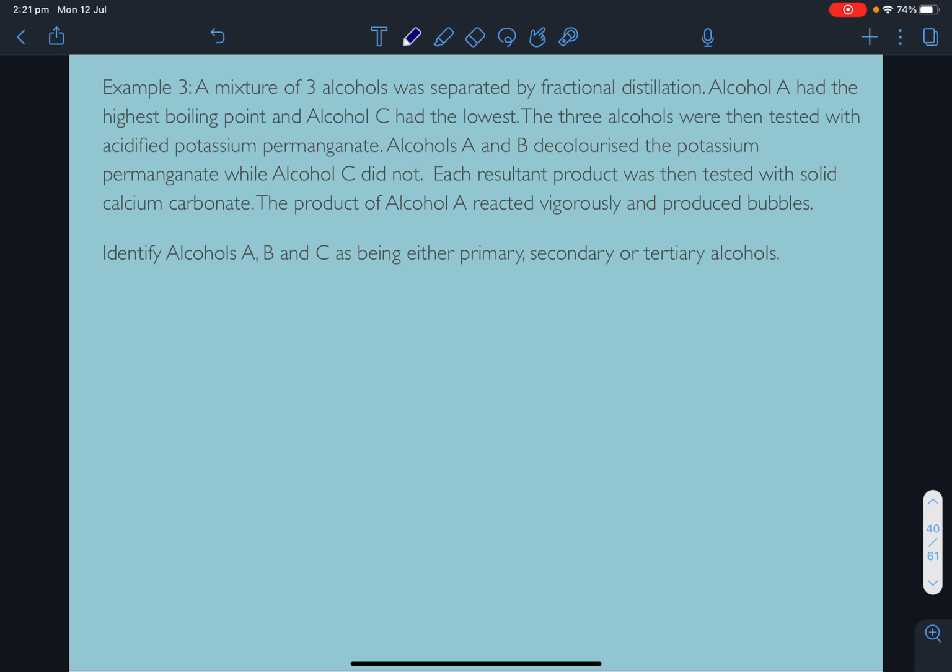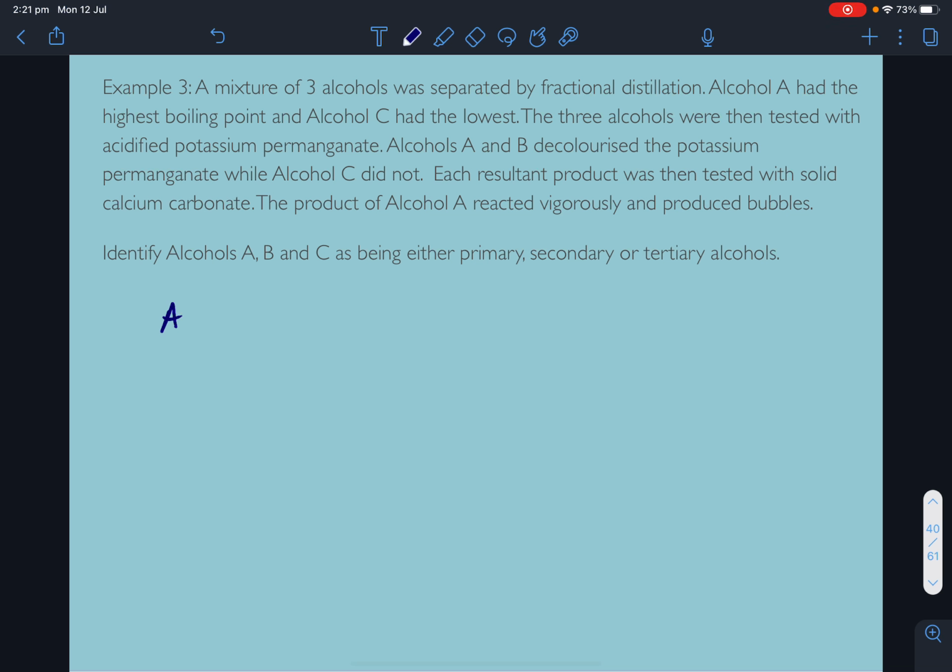Alcohols A and B decolorized the permanganate, while C did not. Each resultant product was then tested with solid calcium carbonate. The product of alcohol A reacted vigorously and produced bubbles. We need to identify A, B, C as being either primary, secondary, or tertiary.